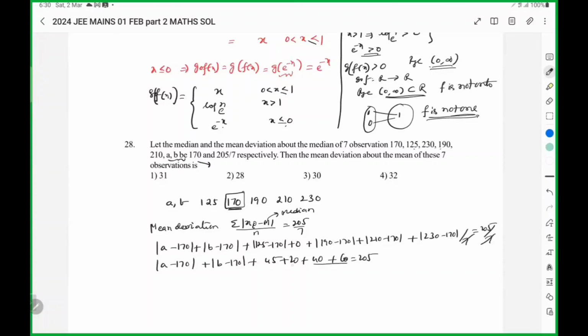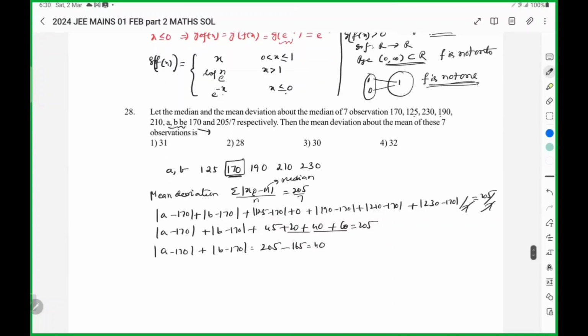Alright, the known terms add up to 165. Mod of A minus 170 plus mod of B minus 170 is 205 minus 165, which is 40.